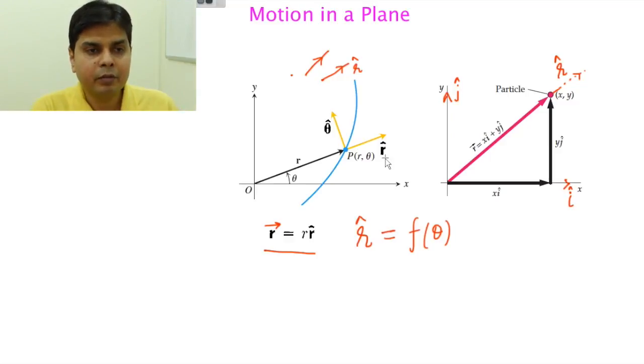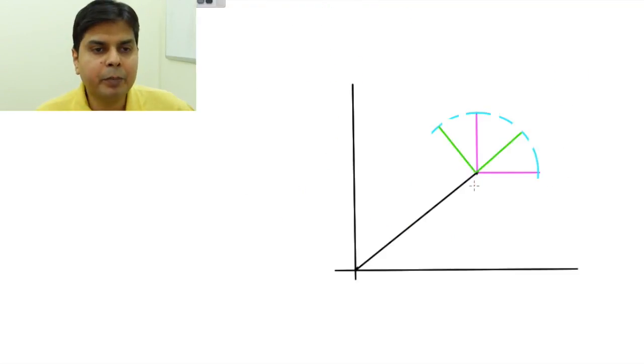Now let's give a full-fledged expression of r cap and theta cap in terms of this angle theta. Suppose my particle P is here. What is this r cap? This r cap is a radial unit vector in this direction. So if this angle is theta, this angle will also be theta.